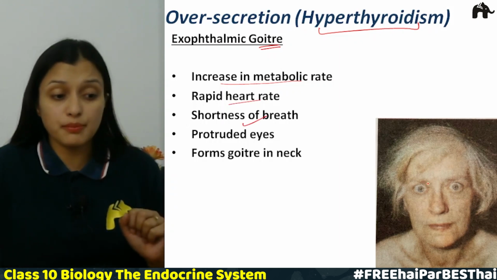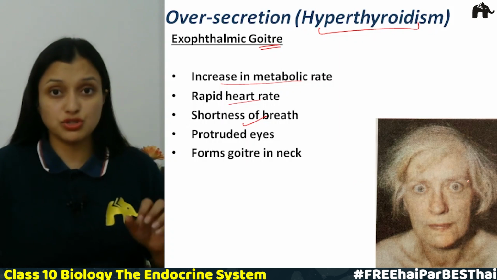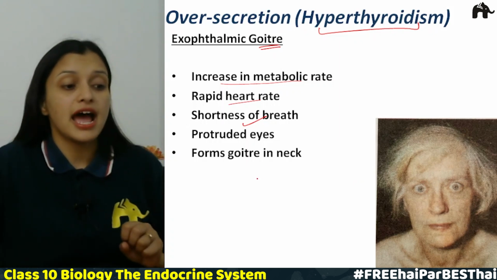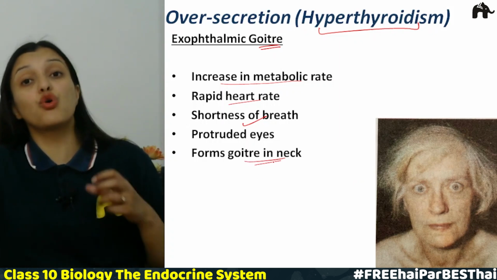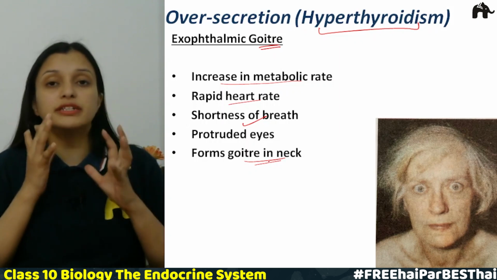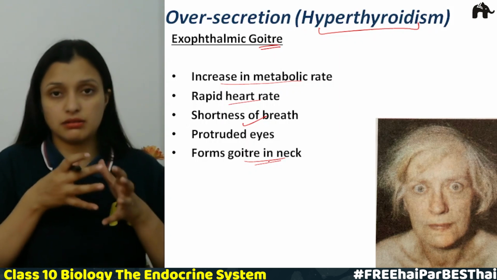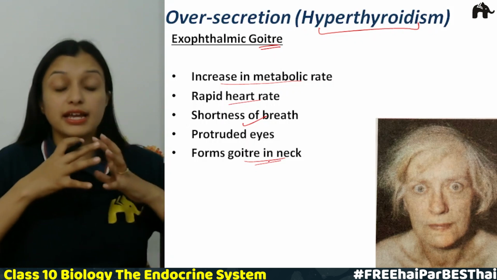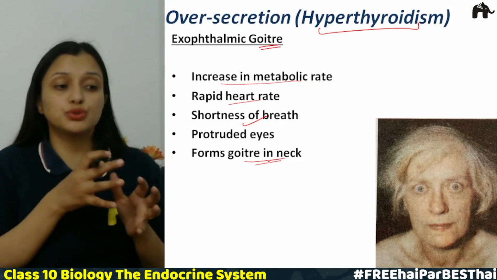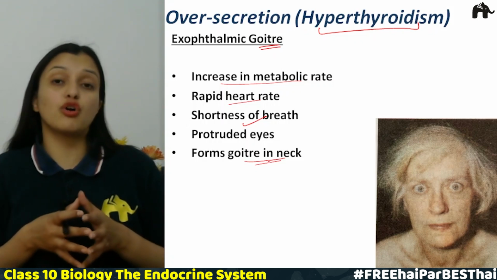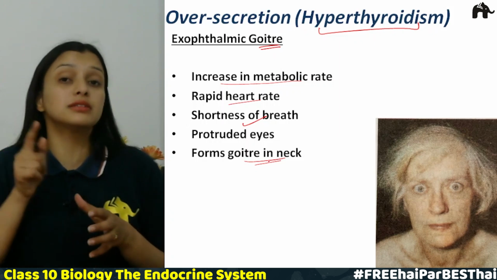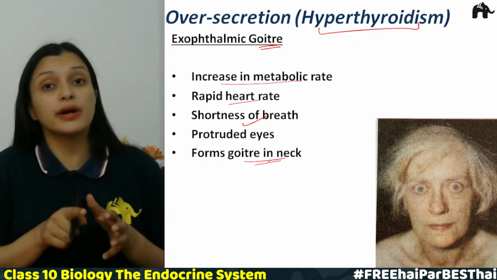The eyes become protruded, as you see in this picture. They actually bulge out, right? And it actually forms goiter in the neck. This exophthalmic goiter is formed due to the over-secretion of the thyroxine hormone by the thyroid gland.